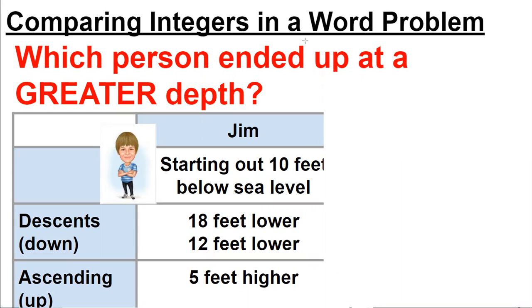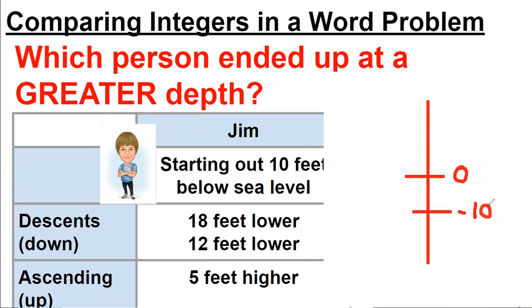And now what we're going to do with Jim is we're going to draw a little line right here. That's our number line. And 0 is sea level, right? That's going to be our 0. And we know he's starting where? Jim is starting at negative 10 below sea level.